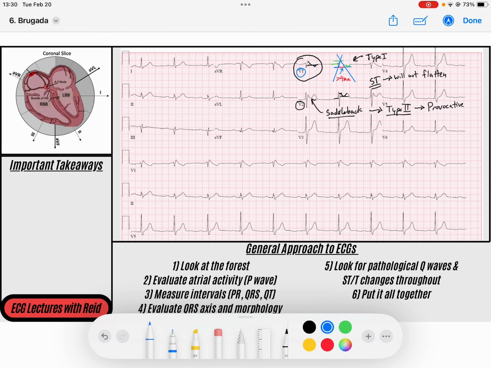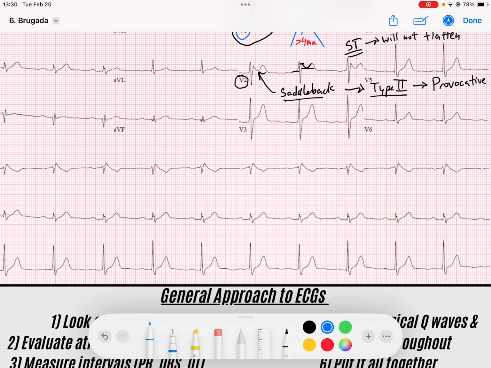And so what you can do, we know that Brugada is commonly due to this sodium channel, SCN5A. So we know that this is a sodium channel problem where it's decreased channel function, right?